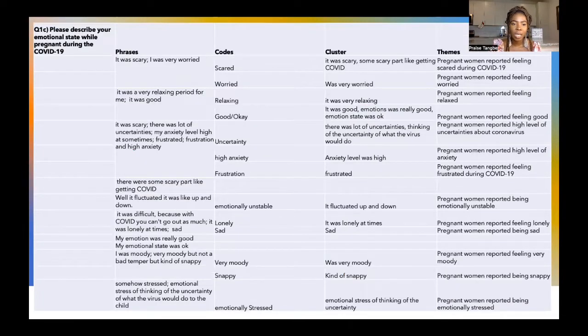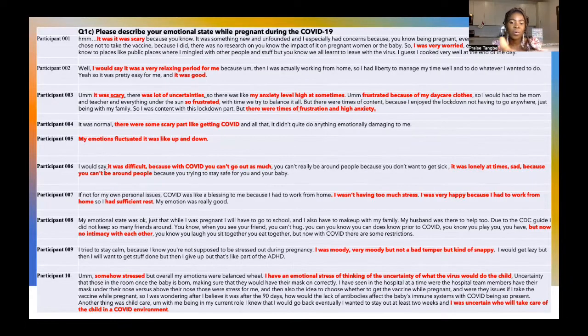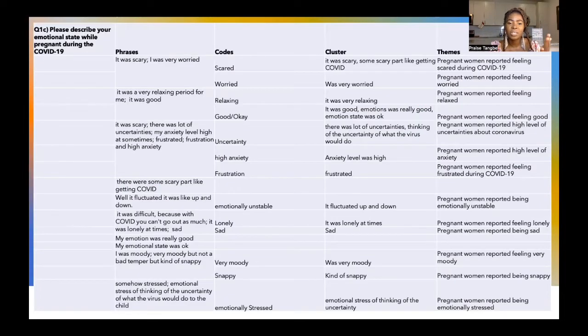Then after that, you create a code book. So we have the third spreadsheet. The third spreadsheet deals with creating a code book, where we have the phrases. Now we just want to condense those meanings. In the first spreadsheet we have all the responses, but in the second spreadsheet we have just the phrases from each participant.